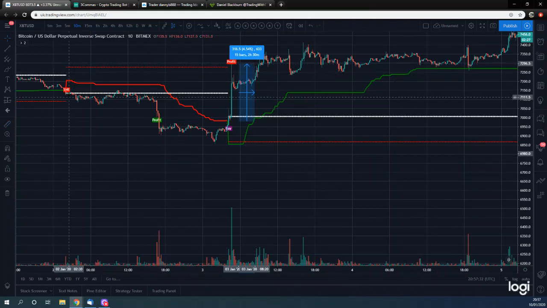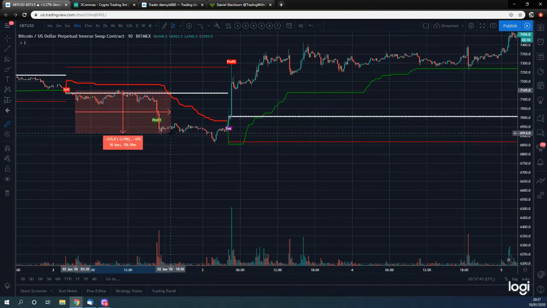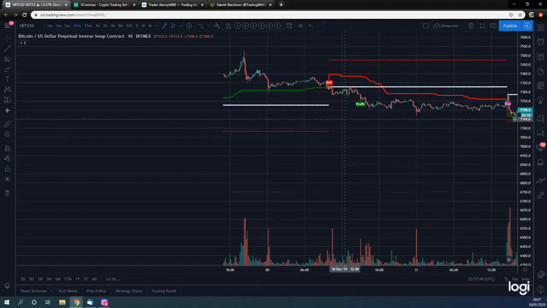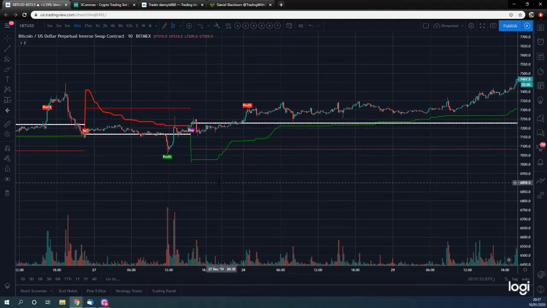So again, a sell here, which actually goes down 3.3%. That was where we had our little chop zone, the sell profit. There's not much really profit wise in there.